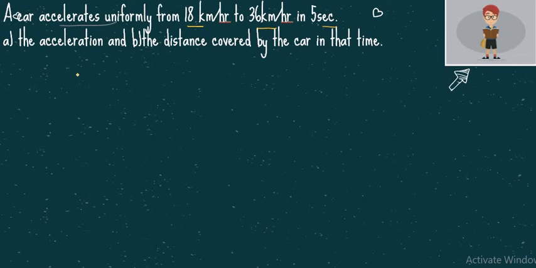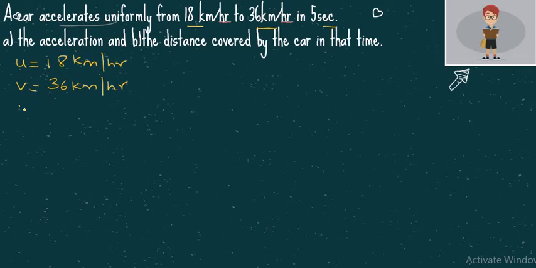First we need to write what they have given. A car accelerates uniformly from 18 km per hour to 36. That means I need to take the initial velocity as 18 km per hour and the final velocity as 36 km per hour.